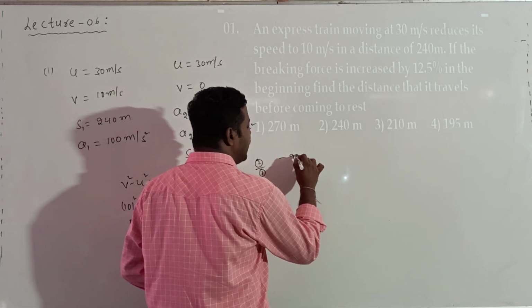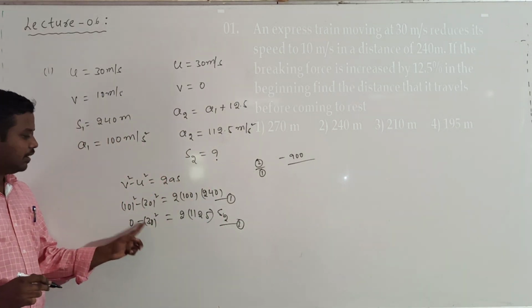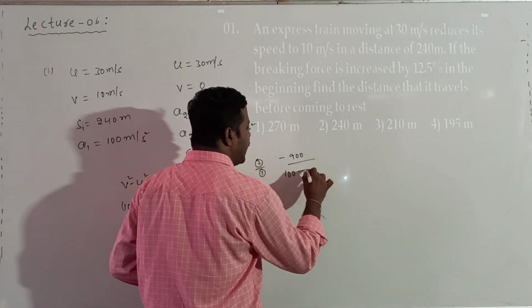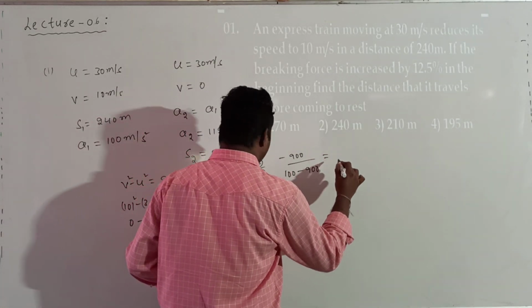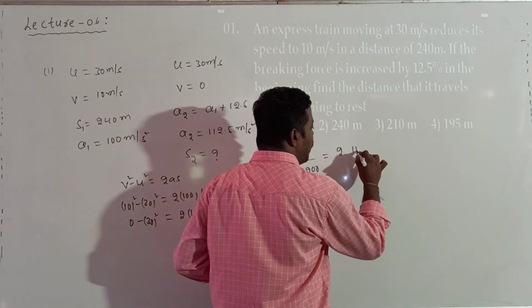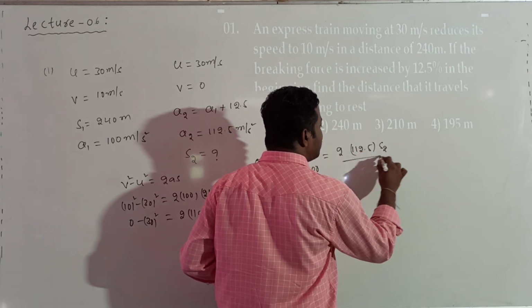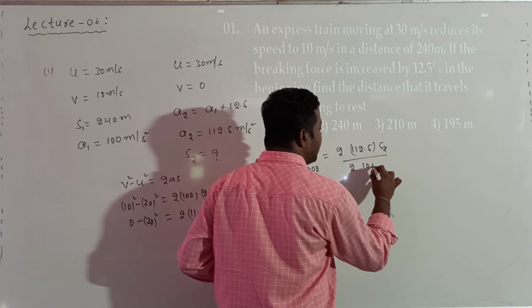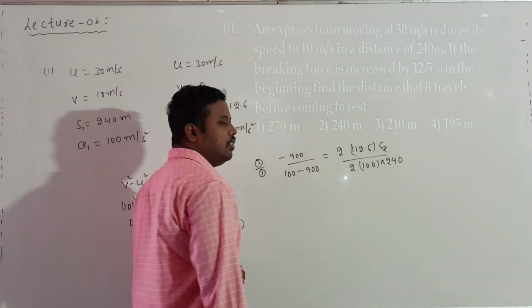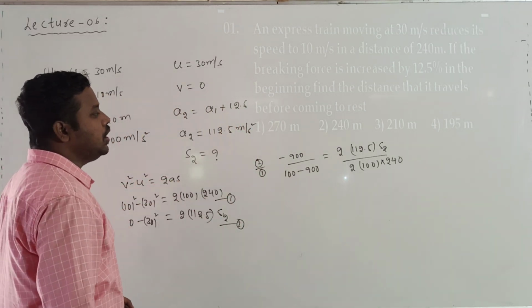Minus 900 divided by, because 0 minus 30 whole square is minus 900. On this side minus 100 into 900 is equal to, this side is 2 into 112.5 into s2 divided by 2 into 100 into s1 value 240. The unknown value is s2 only, which we want to calculate.